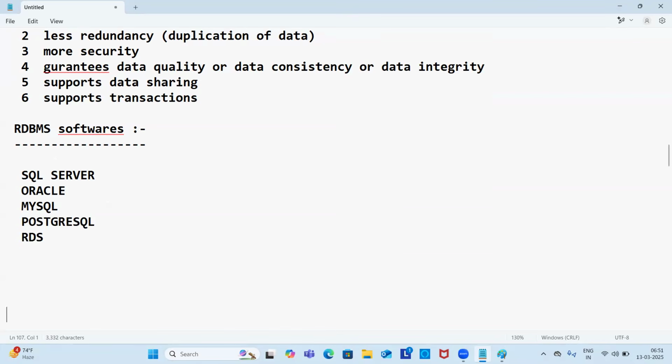All these are examples of RDBMS softwares. Now, if I ask you what SQL Server is, what is your answer? SQL Server is an RDBMS software. What is Oracle? Oracle is an RDBMS software. All these belong to one family: the RDBMS family.